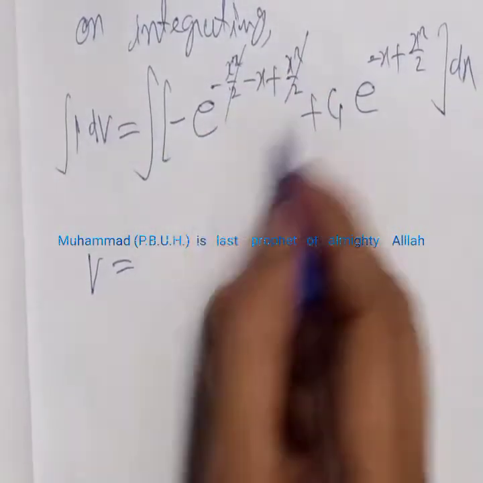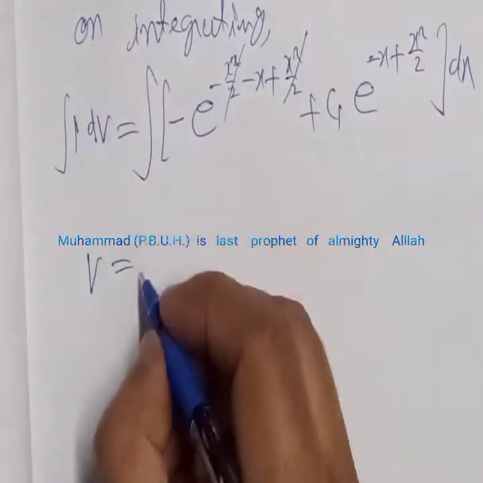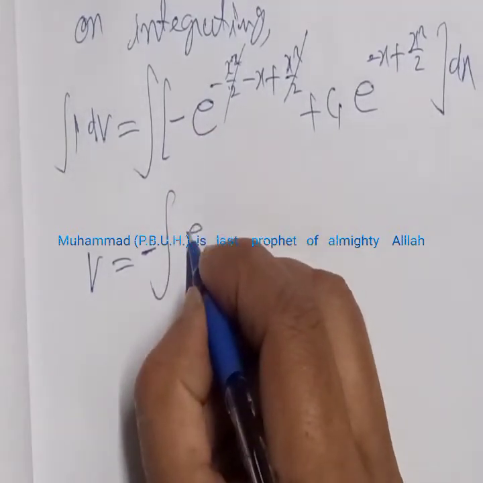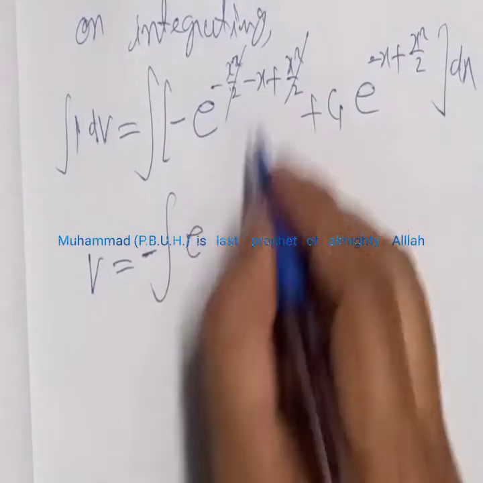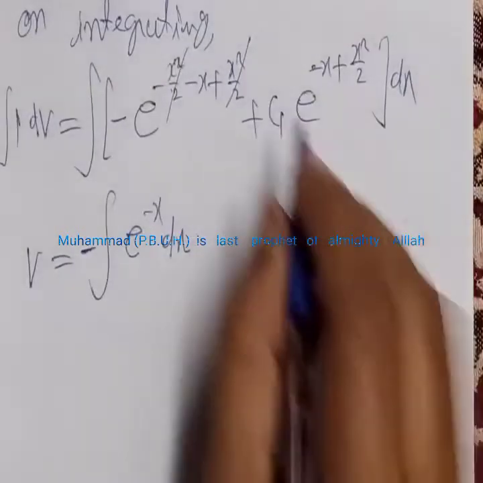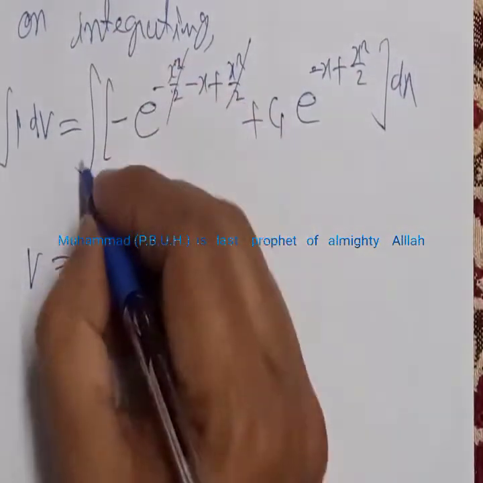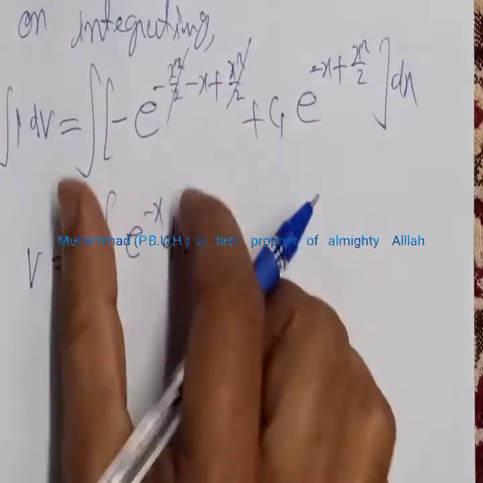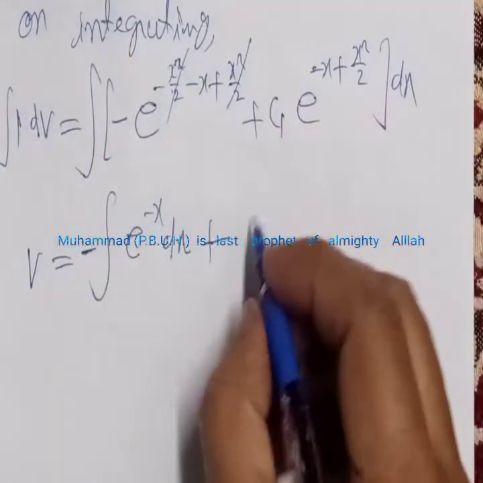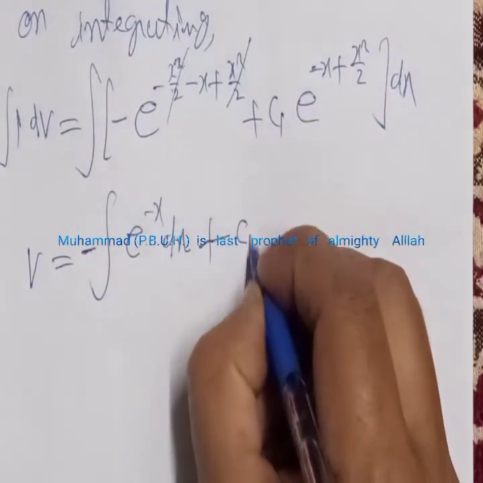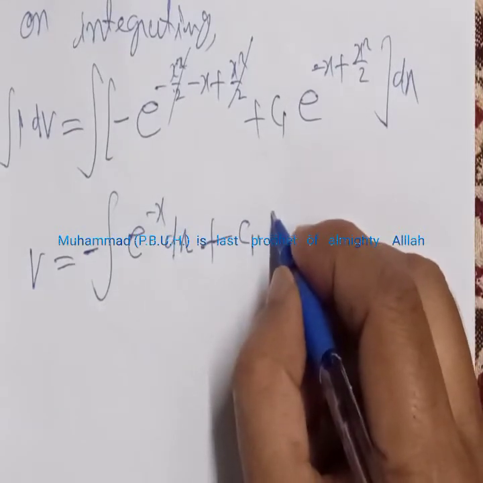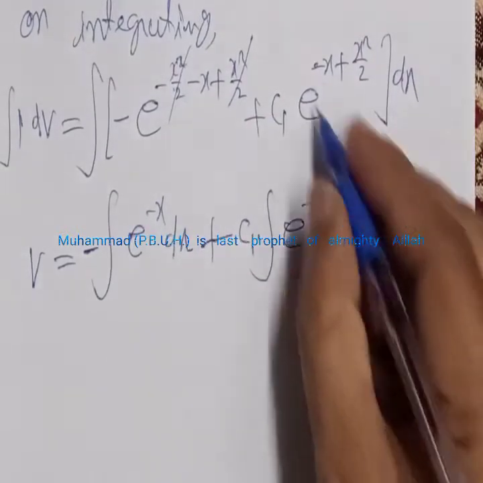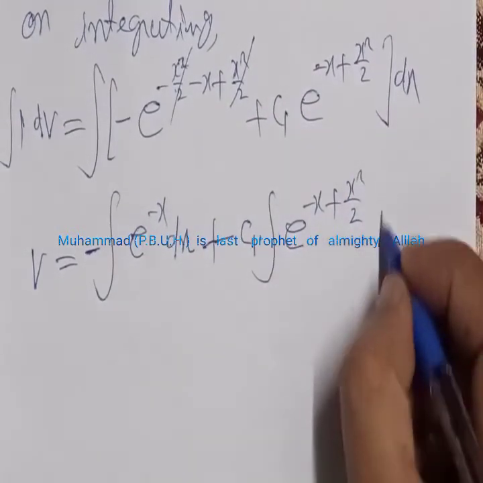On integration of this, here minus is a constant, so I take out minus from the sign of integration. We have to integrate only e to the power minus x with respect to x. By using the linear property of integration, we apply the integration sign on this term and this term. Since c1 is constant, we take out c1 from the sign of integration, and only this term e to the power minus x plus x square by 2 we have to integrate with respect to x.